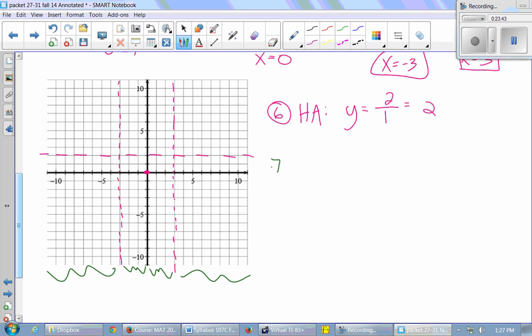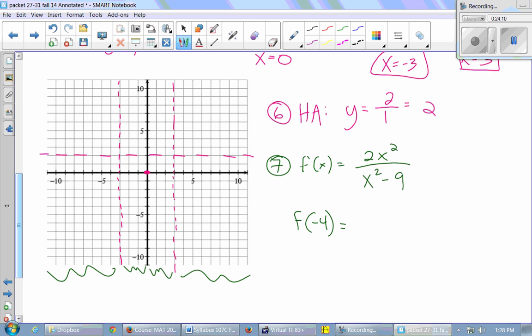So my function was 2x squared over x squared minus 9, right? So let's pick a value to the left of this first vertical asymptote that's at -3. Pick any x value you want to the left of -3. -4, okay. So let's do f of -4, right?